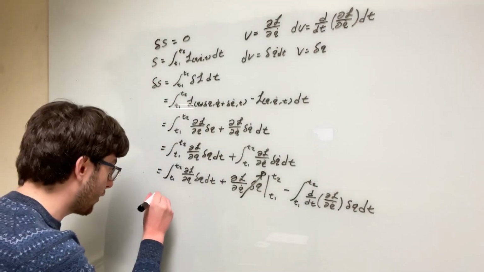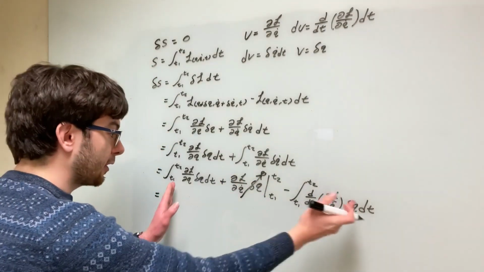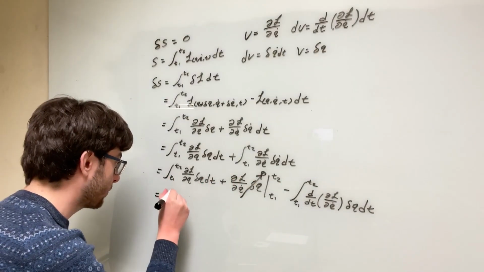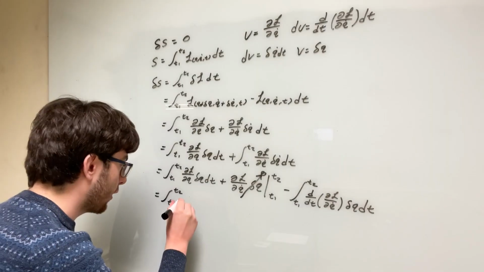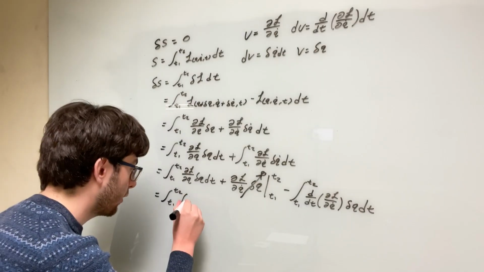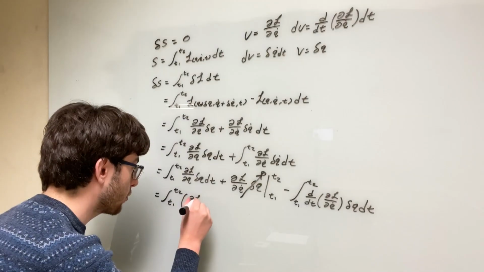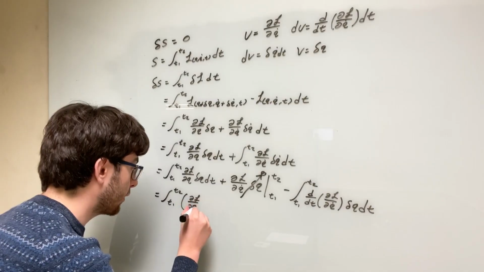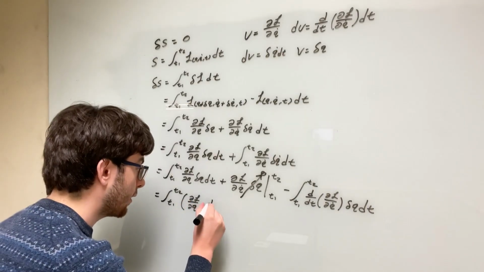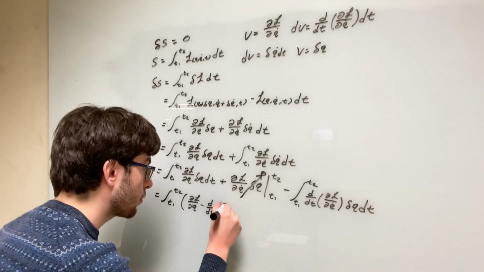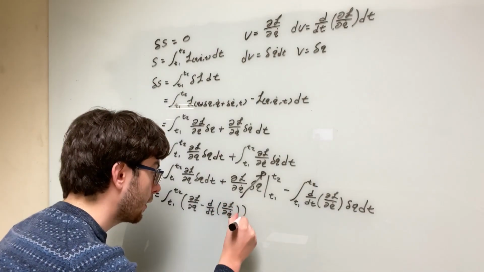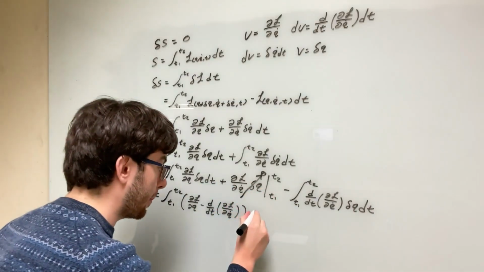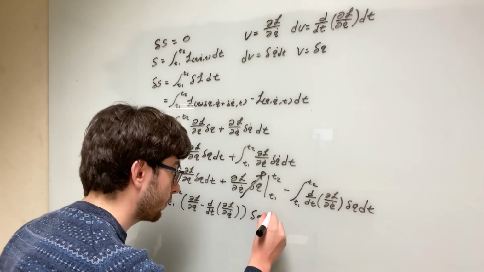So then that leaves us, and we can put this all back into one integral again. That leaves us with the partial derivative of the Lagrangian with respect to q minus the time derivative of the partial derivative of the Lagrangian with respect to q dot. And this is all being multiplied by the variation in q.